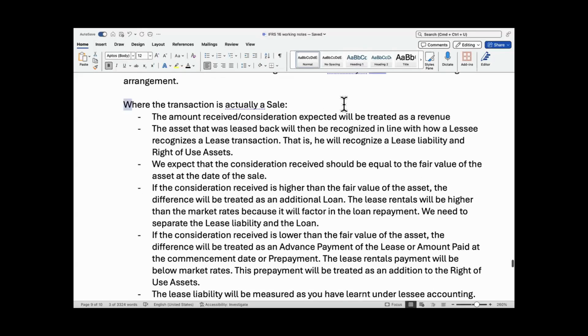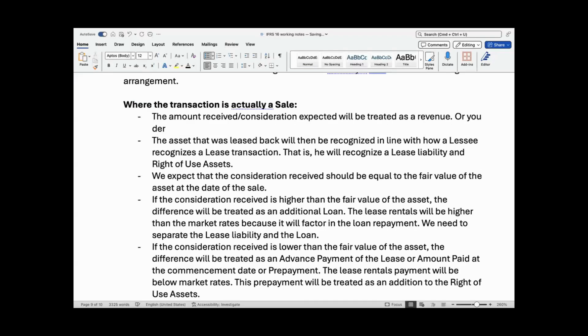So if the examiner tells you that it's a sale or there is a pointer that shows you that control has been transferred, then you can treat it as a revenue, or if it's not an item that you deal with as your day-to-day operation, you derecognize the assets from the books.